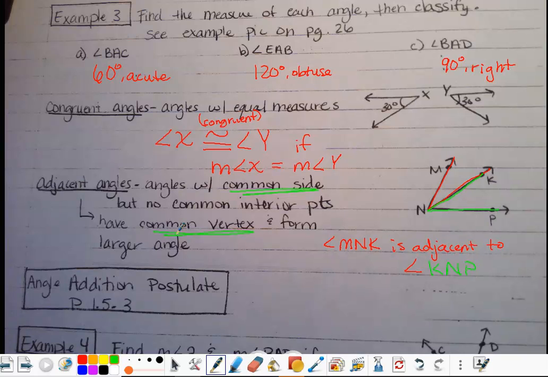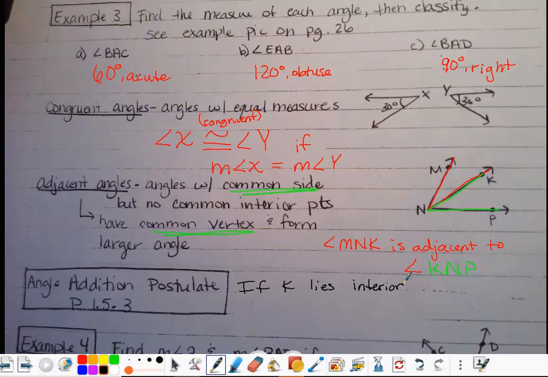All right. Angle addition postulate. If K lies interior, what's interior mean? Inside.